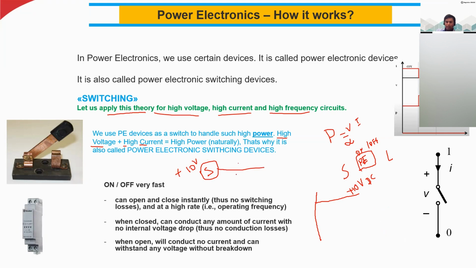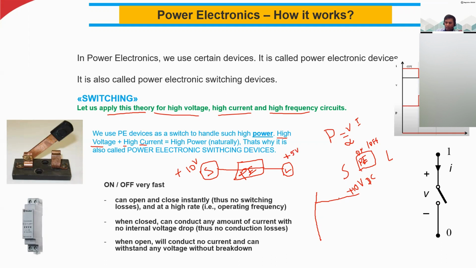So I use the power electronic device. I told you power electronic devices are acting like a switch. So it means open and close, open and close. And here I have the load. The load needs only plus 5 volt.